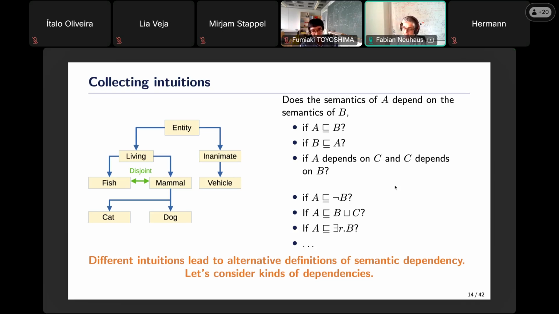So instead of looking at the generic notion, we just looked at different kinds of dependencies, which are much easier to get hold of. And I will just illustrate that point with 3 examples.